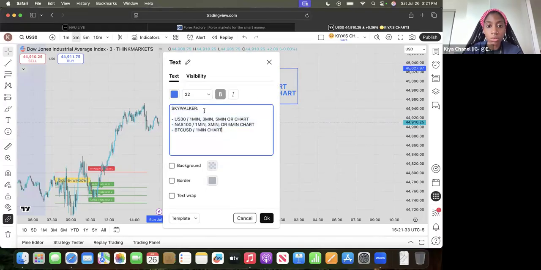And then also, like I said, the time frame to trade is 7 a.m. Central Standard Time to 10:30-ish. That is 8 a.m. EST to 11:30-ish.